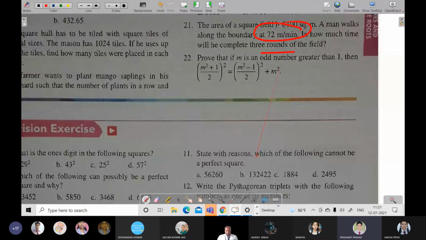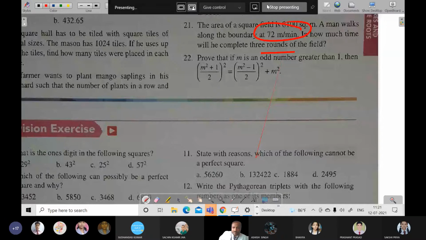Question number 15 of this exercise. I have a problem in 15 of the exercise. Okay. So let's see question number 15 of the exercise.